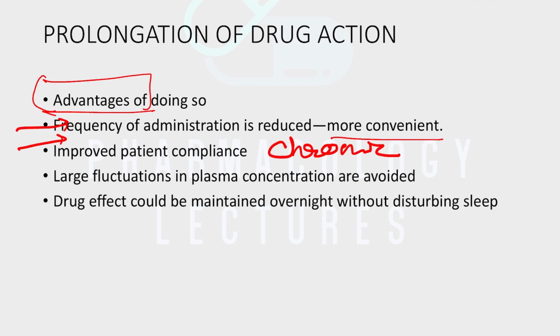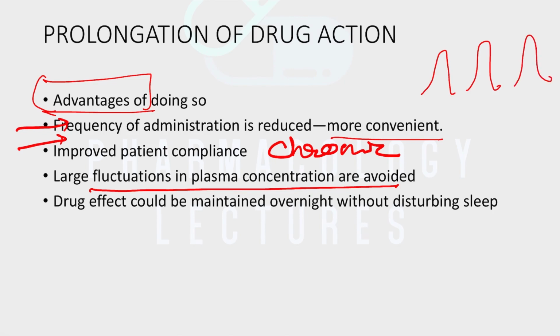What are other advantages of prolonging drug action? Large fluctuations in plasma concentration would be avoided. If we are taking a longer acting drug, it produces its action in this way, so fluctuations are avoided.